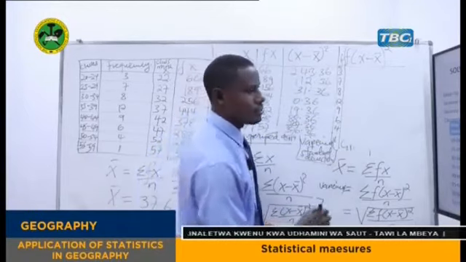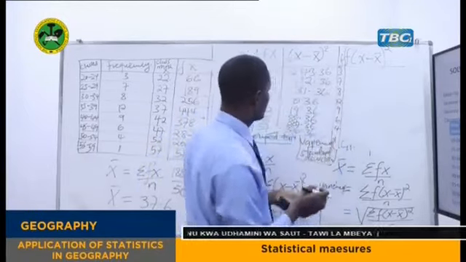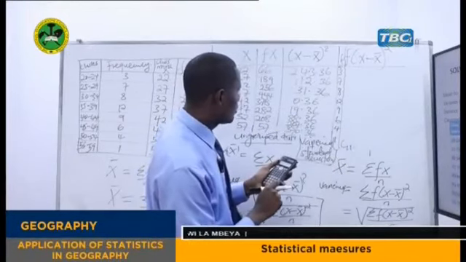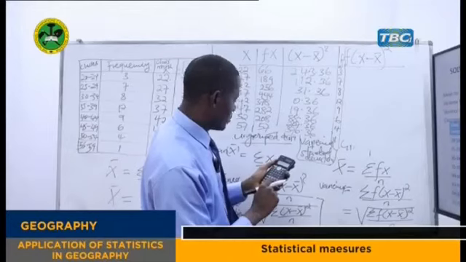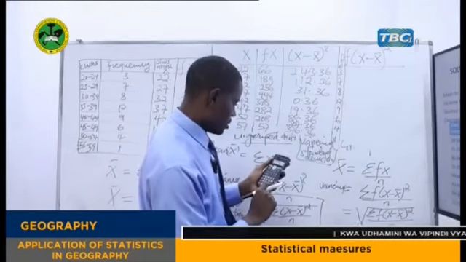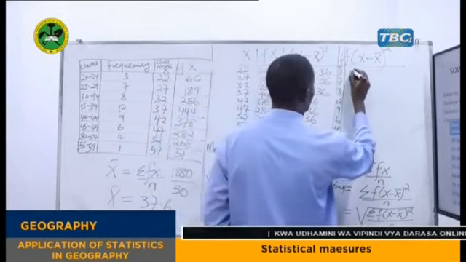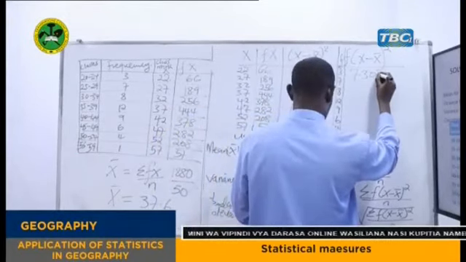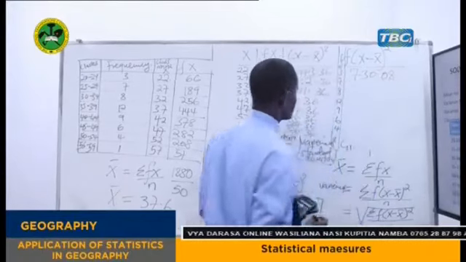So for the first part we take 243.36 times 3, then you come up with 730.08.